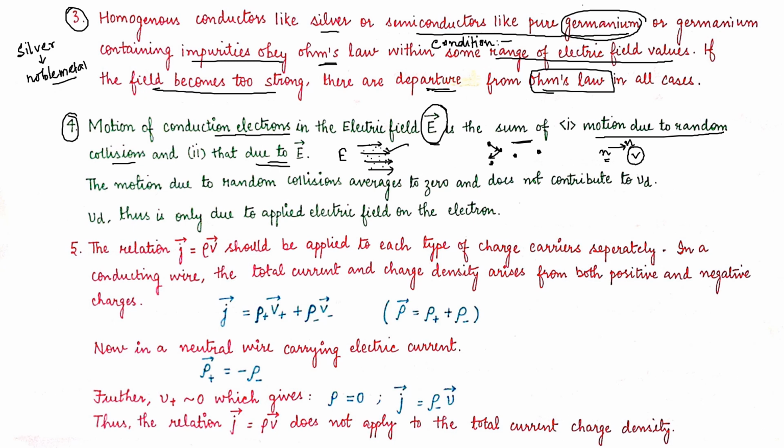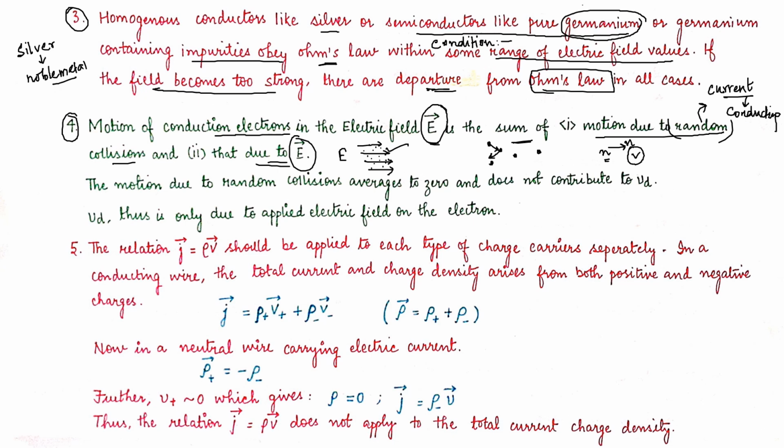So this is a zigzag motion which is due to random motion. This random motion also creates current, and if something is producing current, we can say that this is a conducting body.